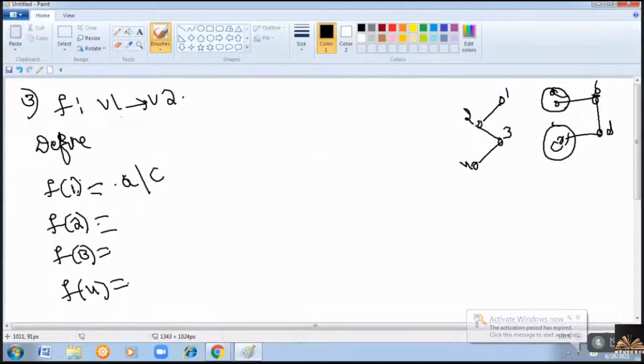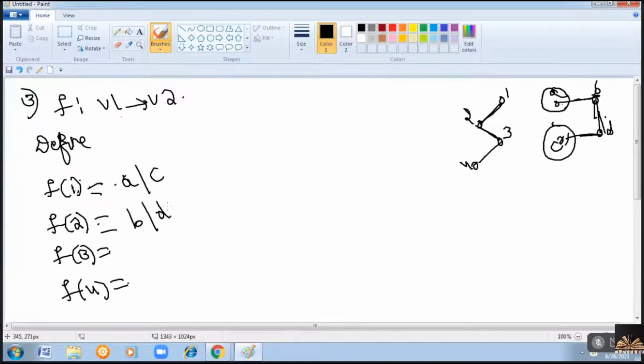Similarly, the degree of vertex 2 in the first graph is 2, right? Now, it should be equivalent to a vertex which has degree 2 in G2. In G2, we have two vertices, B and D, with the same degree.